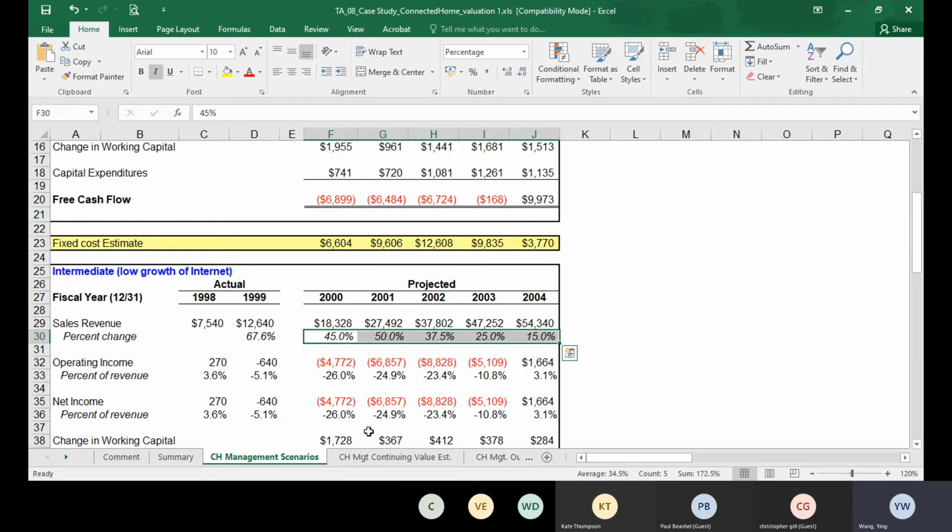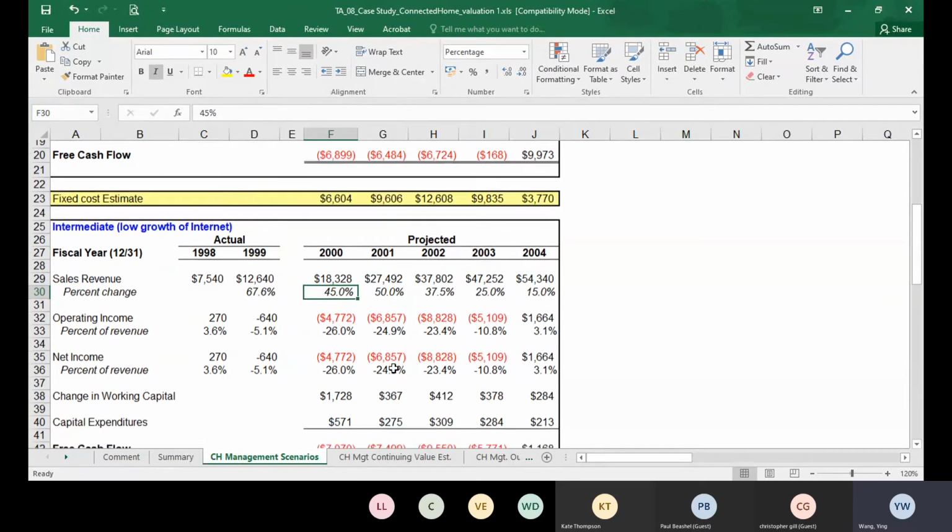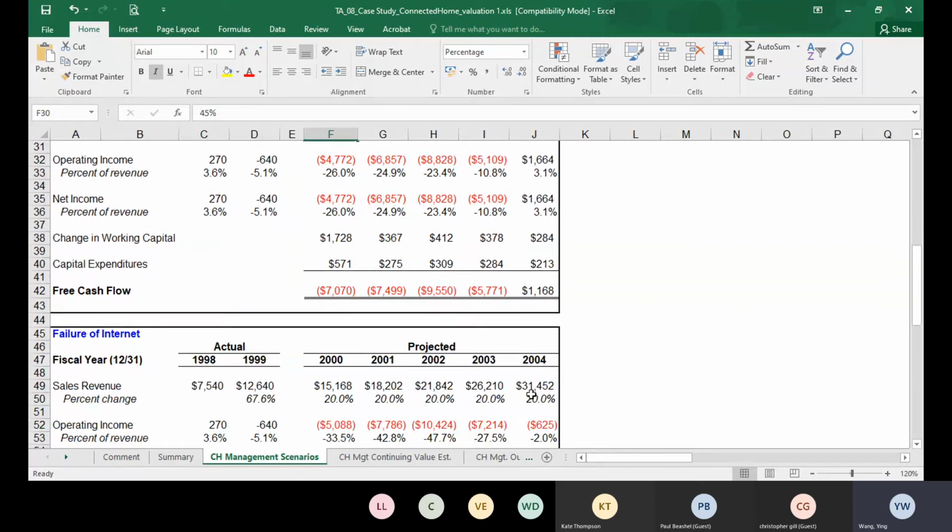So at this stage, now we consider the different scenarios, and that is the Chicago valuation method. If it is low growth of internet, in other words, the mixed strategy where you use the existing investment that is going on as normal, and the internet is less successful, slow growth, and therefore you see the change is less. Of course, that will affect the other numbers here, and the numbers change as well.